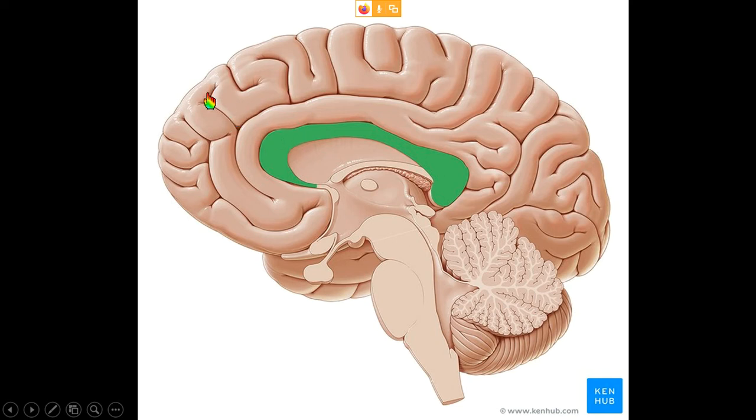From one particular part of the cortex, they join with the opposite side at the similar part of the cortex, called commissural fibers. Briefly we have discussed commissural fibers, projection fibers and association fibers. So this corpus callosum consists of commissural fibers.